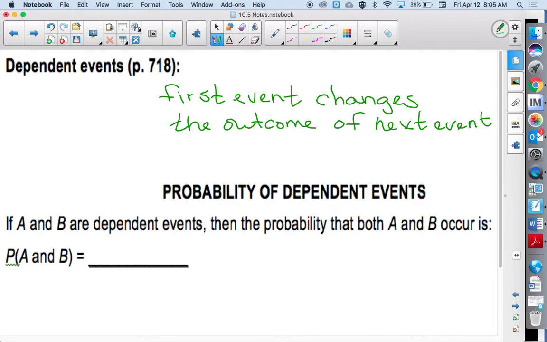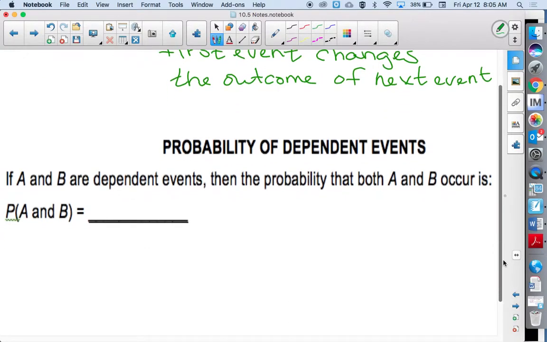So the problems that we've looked at were called independent because the first thing didn't change or affect the outcome of the second. So this probability is found by taking the probability of A, the probability of the event happening first, because there's not going to be any change.